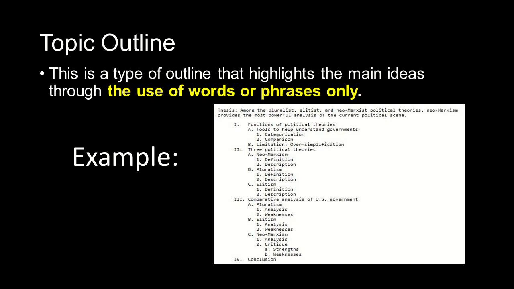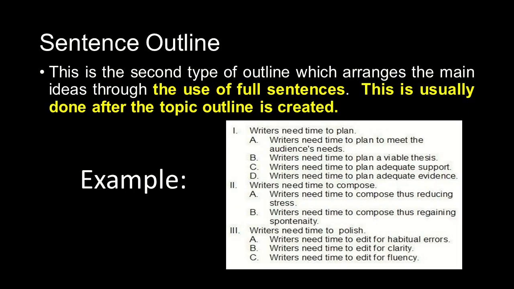Okay. Once your topic outline is developed and once you are satisfied with the components of your topic outline, you may now proceed to the second type of outlining, which is the sentence outline. Now, this type of outline arranges the main ideas not through the use of words or phrases only, but with the use of full-on sentences.